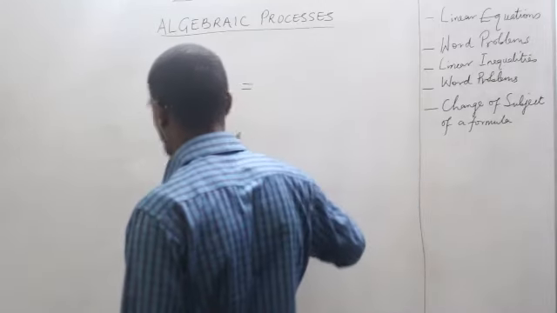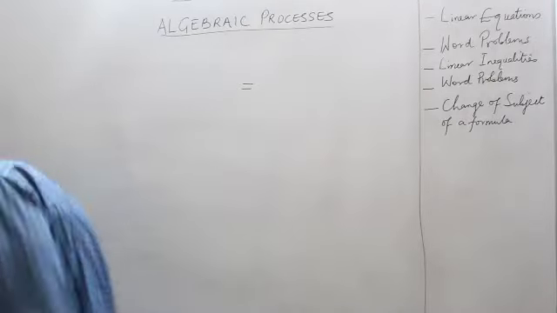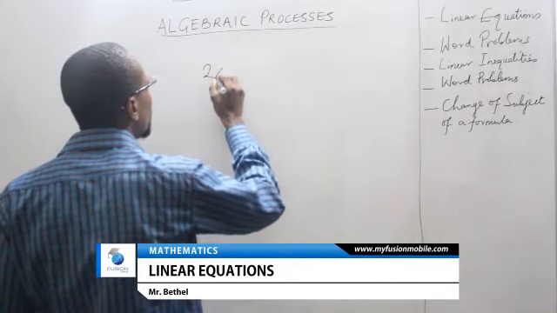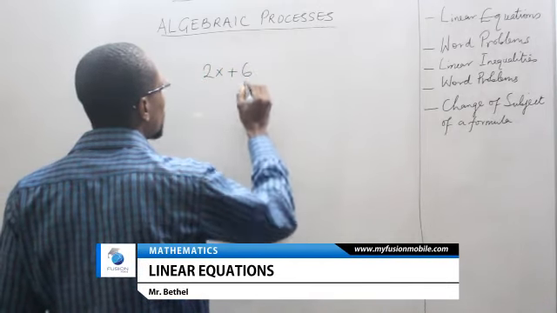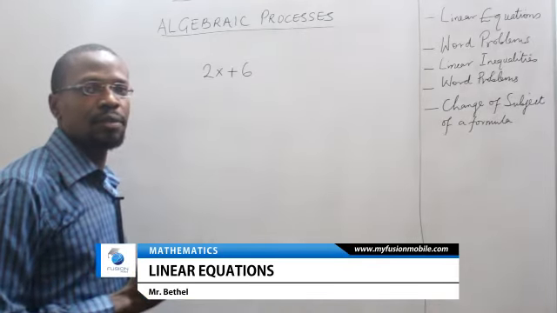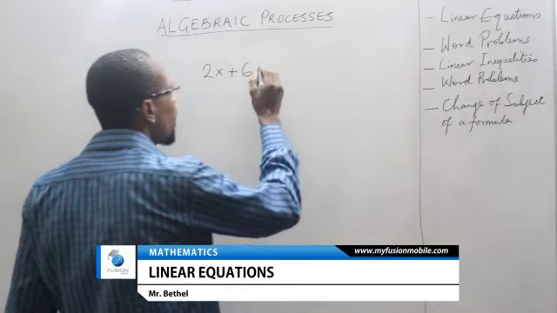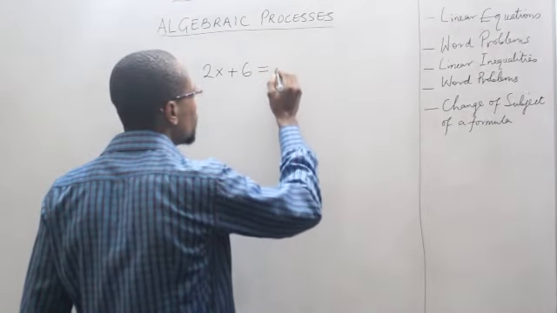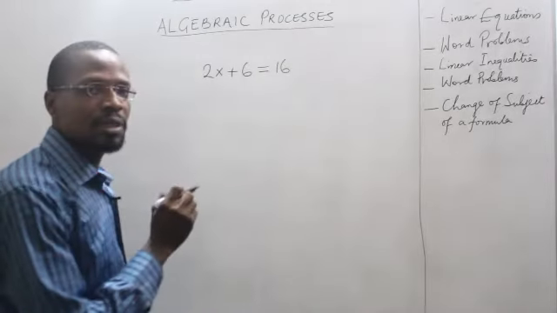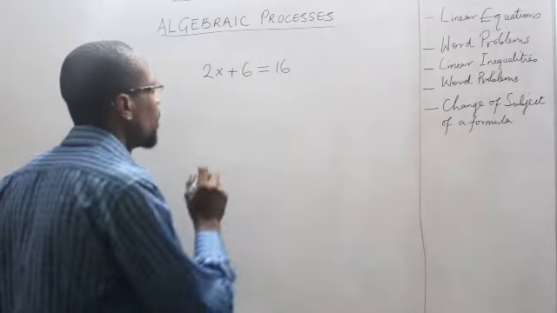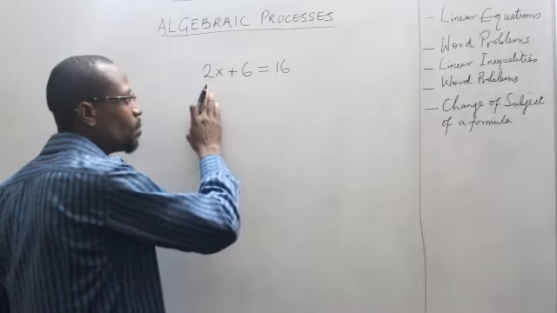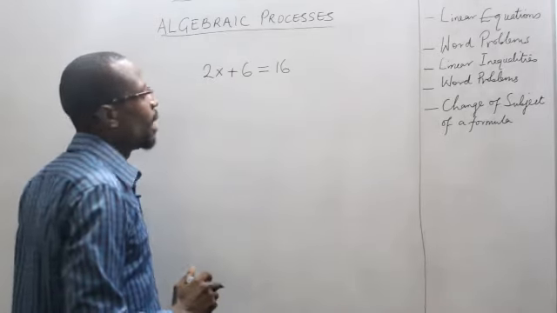So, if I say 2x plus 6, this is not an equation, it is an expression. But by the time I put equals 16, it becomes an equation, because there is an equality sign, and now there are two expressions on both sides of the equality sign.